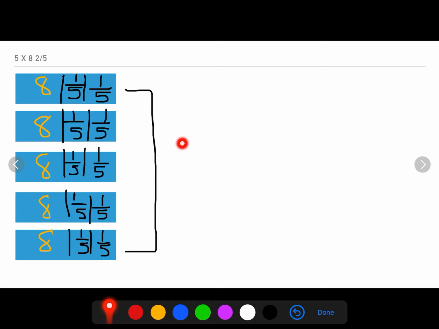What do we get as a sum when we combine all of our whole numbers? Awesome job. And what do we get as a sum when we combine all of our fractions? Good thinking. Am I done, you guys? Yeah, I know. I have to decompose this further.